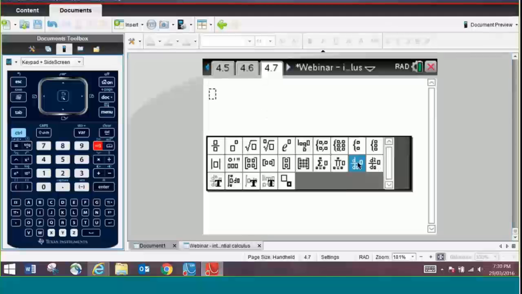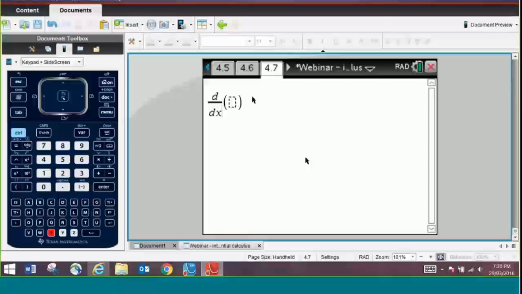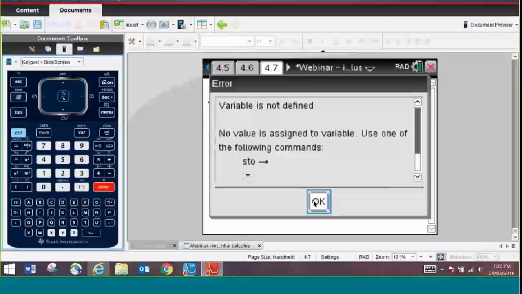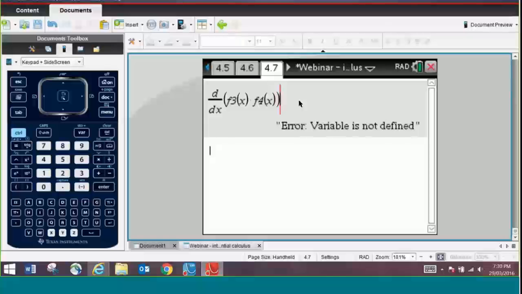calculus with those, and you can have a look at some nice things like, oops, F3 of x multiplied by F4 of x, sorry, forgot I wasn't using CAS there, sorry.